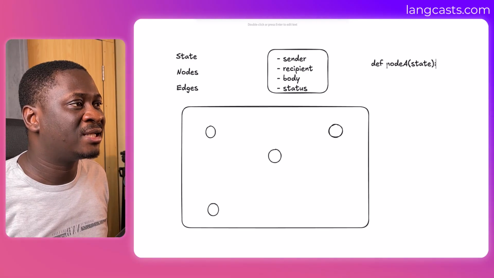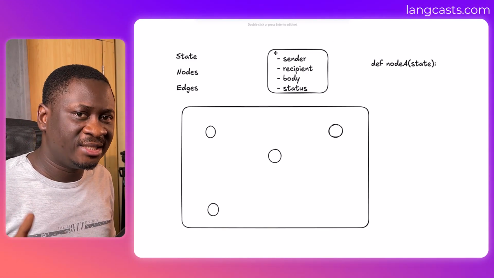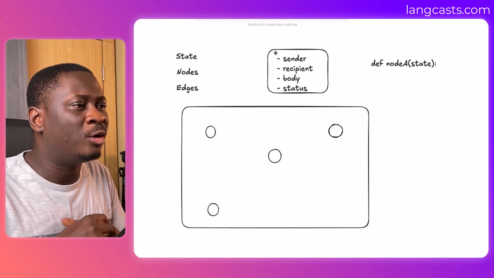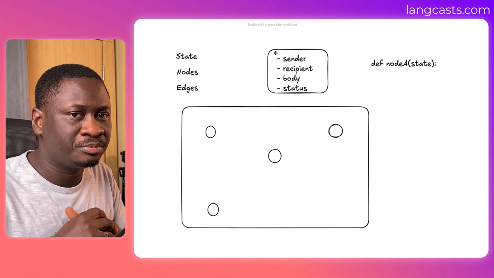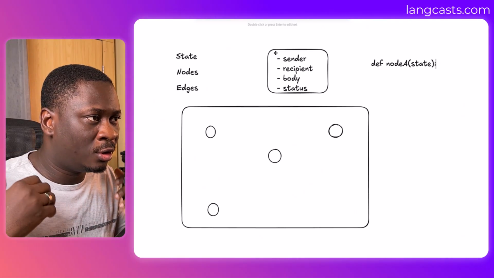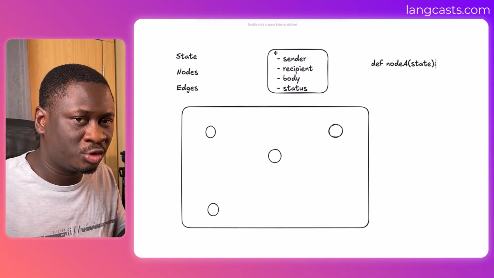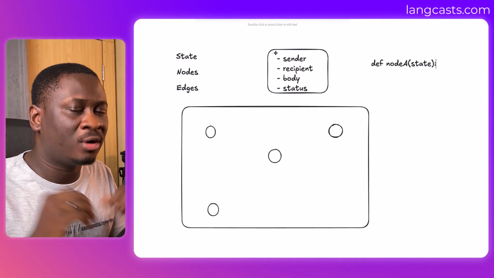So that's node. Now let us look at edges. What are edges? Edges typically determine how the flow of the AI agent is going to go for the particular operation it's supposed to perform. They are your connectors.